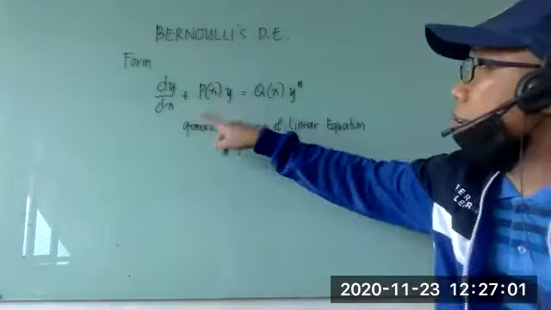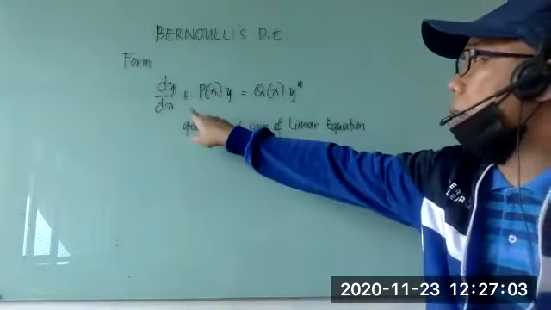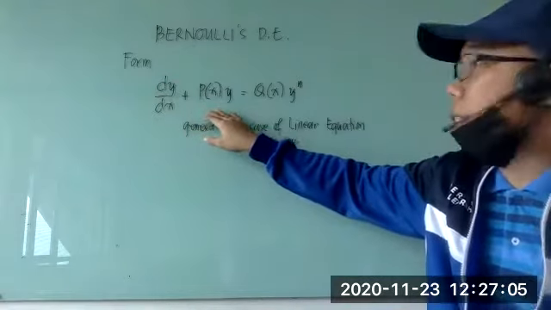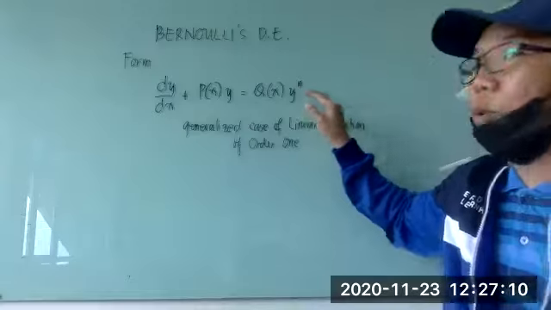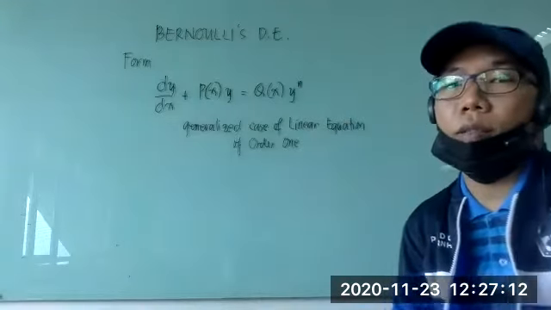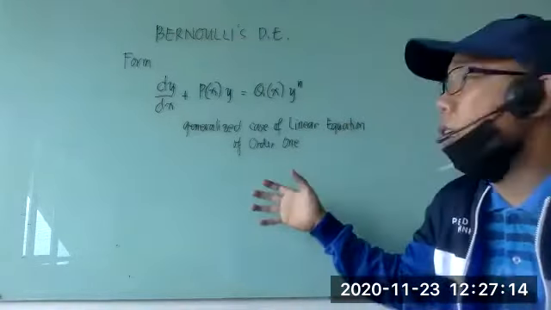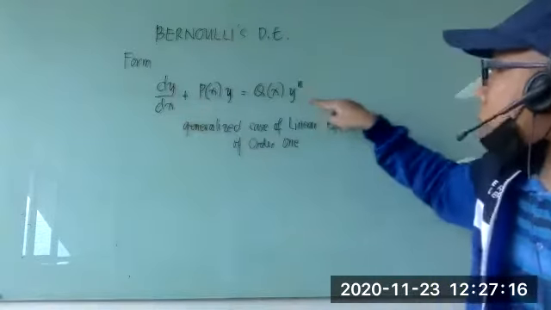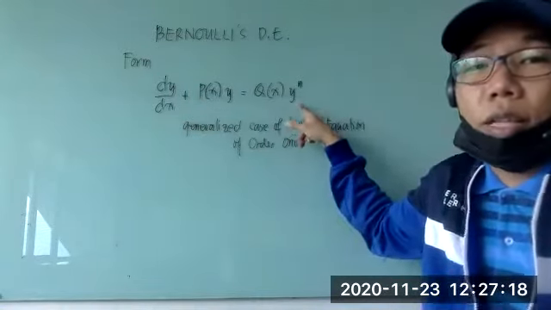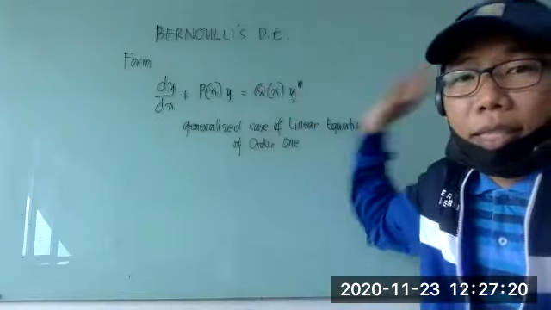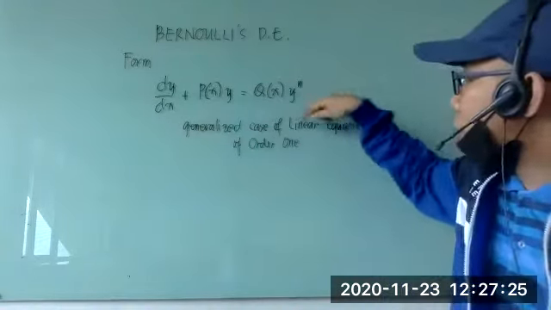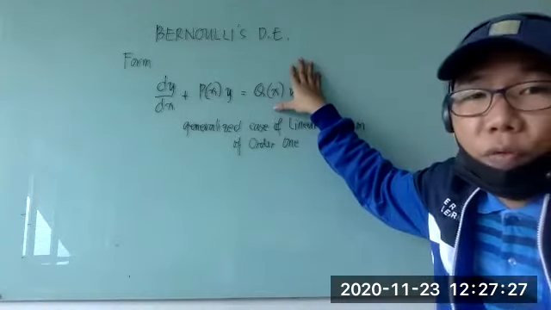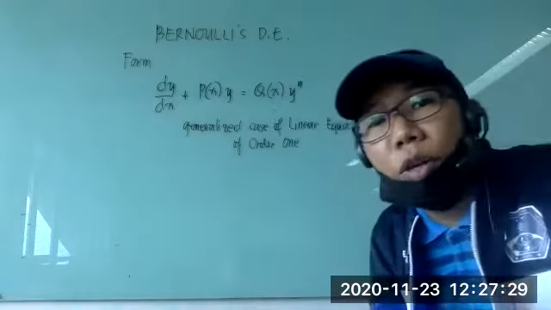Take a look at this one: dy over dx plus p as a function of x times y equals q as a function of x times y raised to n. If you take a look at this equation, it has y raised to n. So this y raised to n makes this distinct from the linear equation. If the y raised to n is removed, it's actually linear in terms of the variable y.